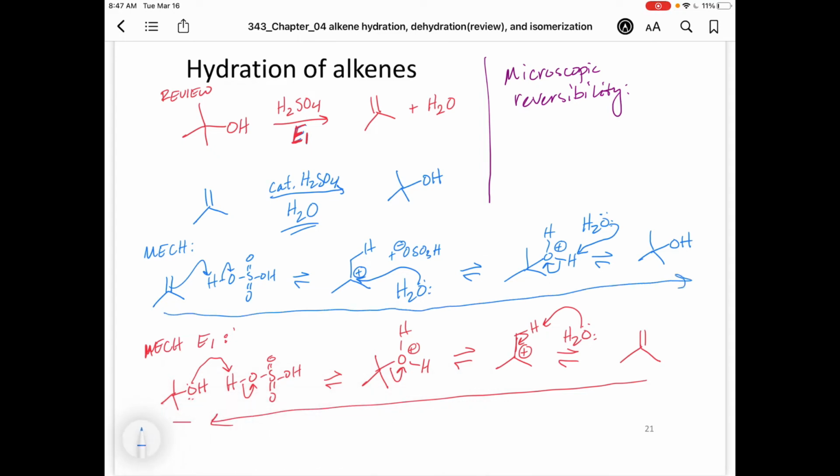Notice here, you've learned all of the steps in order to do this mechanism. It looks really new because you haven't seen it, but there are all the same concepts. Let's highlight a couple more here.